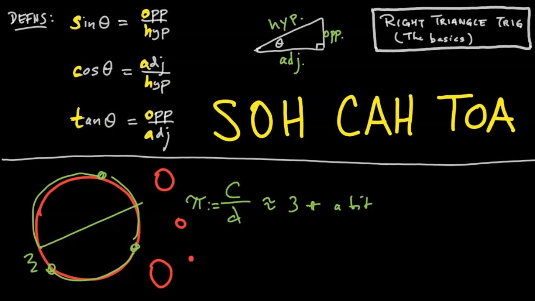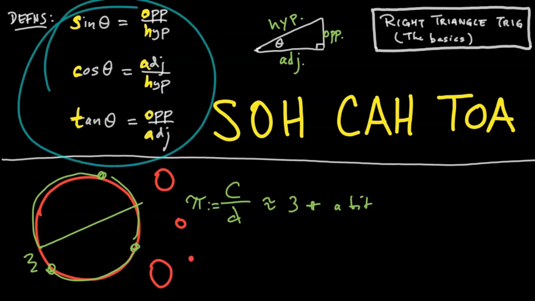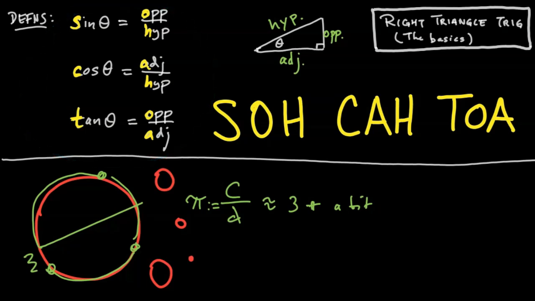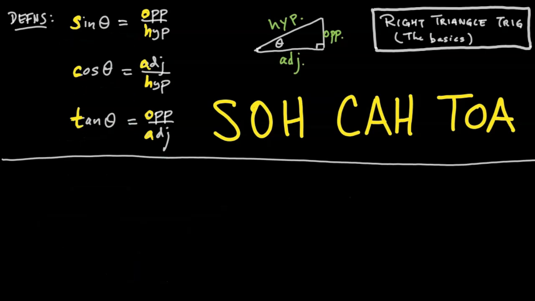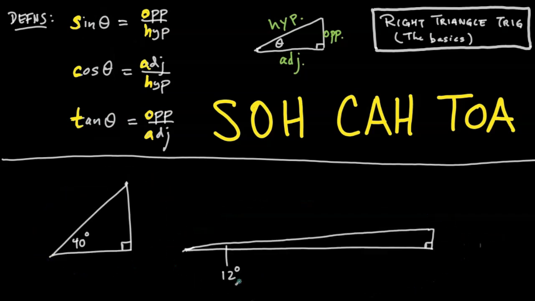We want to consider something similar with these new ratios that we're talking about, sine, cosine, and tangent. But of course, the values of these ratios depend on the specific angle we're working with. If I have a right triangle with a 40-degree angle and a right triangle with a 12-degree angle, I can see even from my crude sketches that the sine of 40 degrees and the sine of 12 degrees will be very, very different, because the sine of any acute angle is going to be that opposite to hypotenuse ratio.